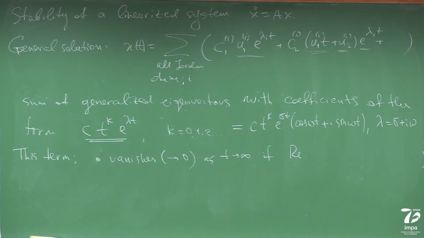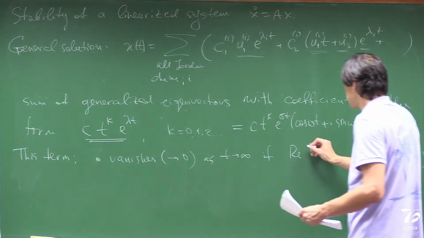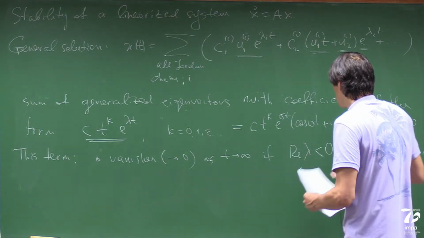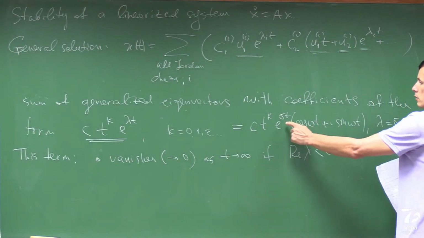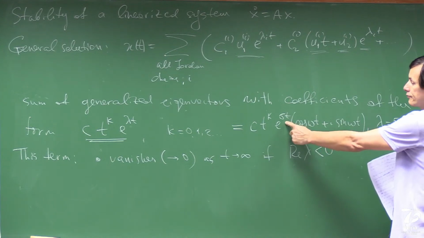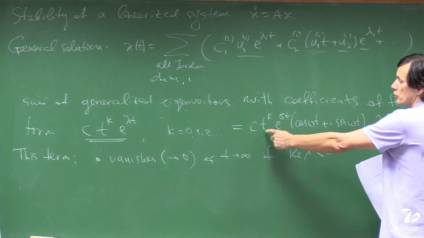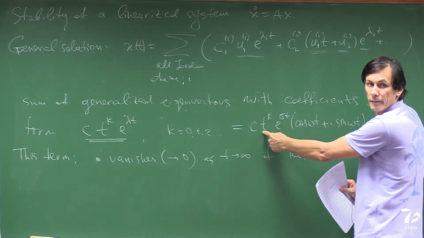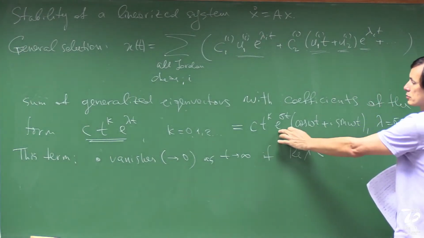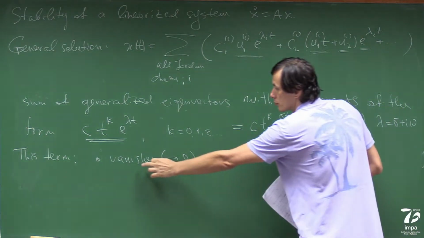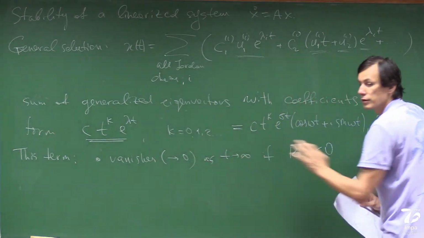Whenever the real part of the eigenvalue is smaller than 0, the exponent goes to 0, and it always goes to 0 much faster than any power of time. So this power doesn't matter, only the exponent is important, and this term will go to 0 at large times.